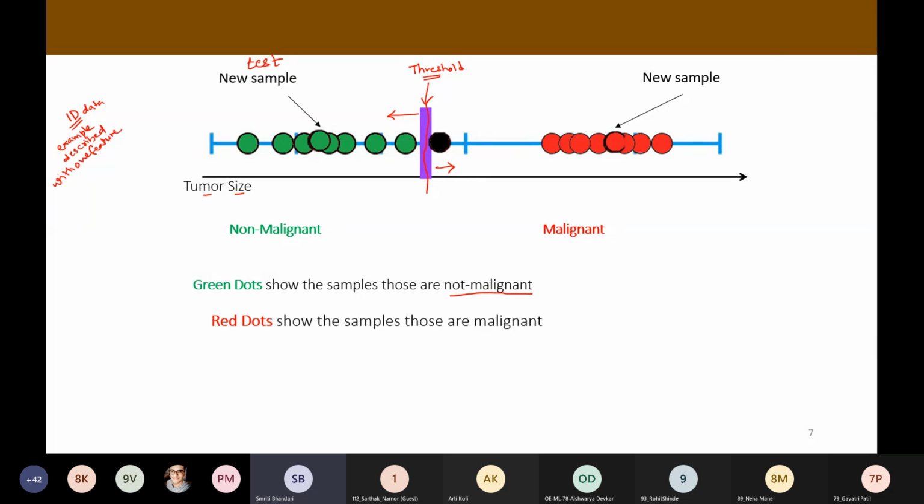But now, if we look at this particular sample, even though due to this threshold this sample is predicted as malignant, it is more close to my non-malignant class than the malignant class.